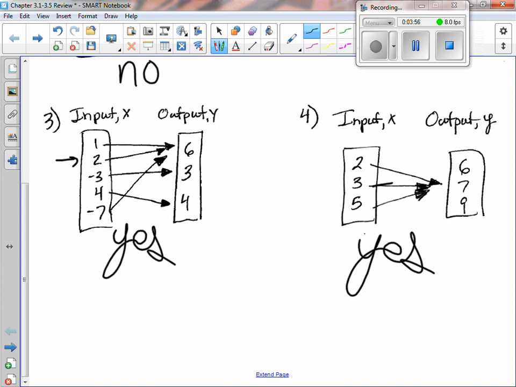If we had this here, then it wouldn't be, because 2 is going to two different values. As long as each input is going to one output, 1 to 1, it is a function. It is a function. So any questions on 1 through 4?